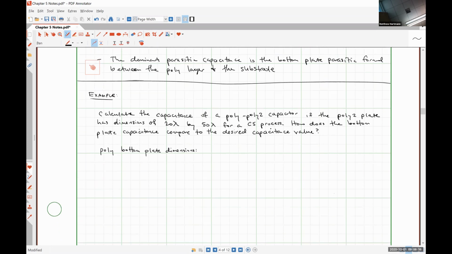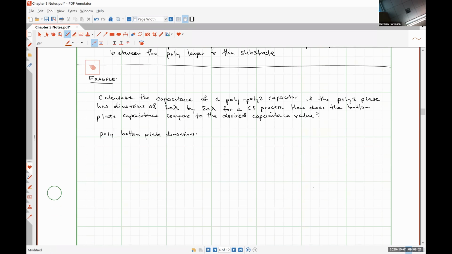So if the poly 2 is 20 by 50, I'll make a quick drawing of that. Here's our poly 2. This is 20 lambda, this is 50 lambda.